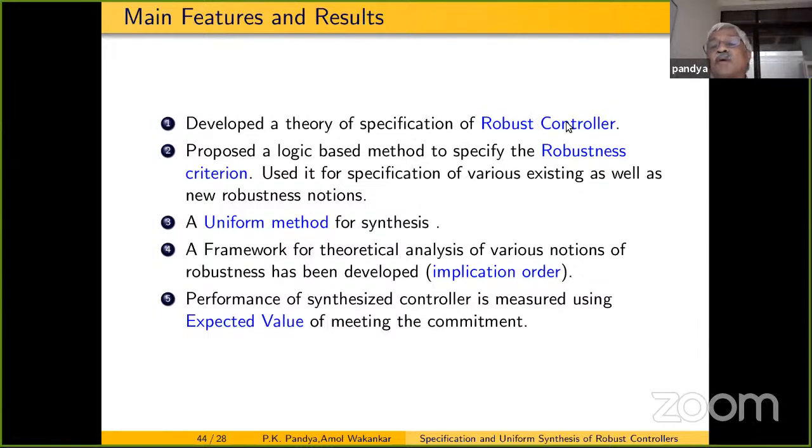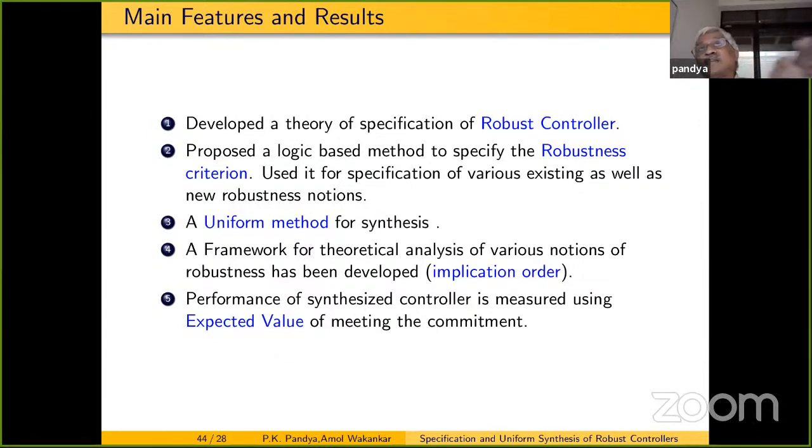You can combine that robustness criterion with any user given assumption to get relaxed assumption, and you can synthesize uniformly using our tool and our method a controller which enforces both hard robustness as well as soft robustness. We've done a theoretical study of which robustness criteria are more robust than others, and because we have these different robustness criteria, we can plug them into the same problem.